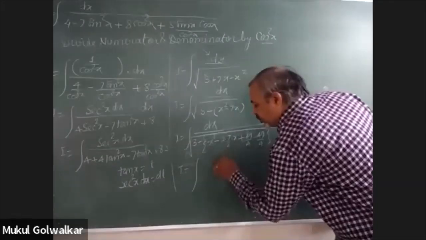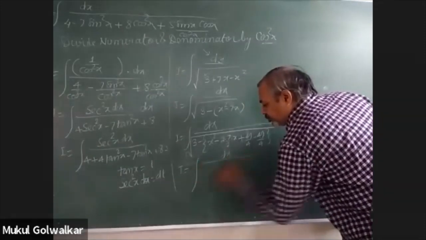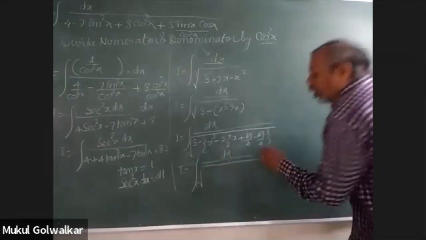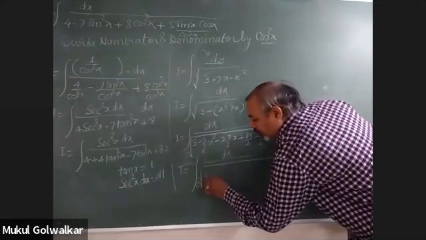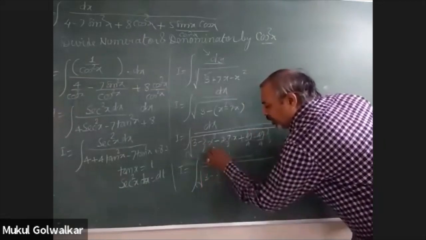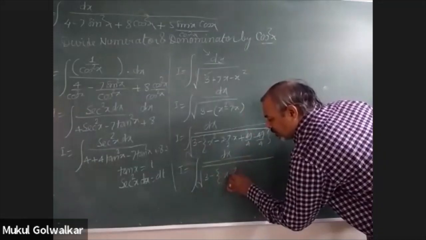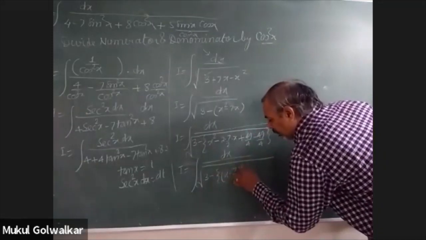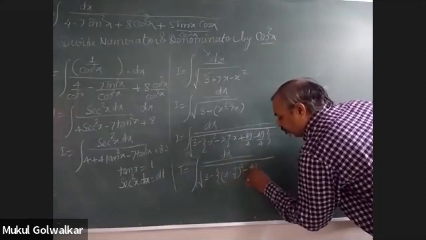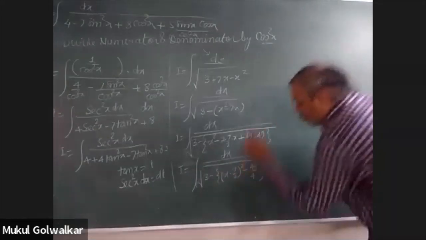So I is equal to dx divided by under root of 3 minus, and within this curly bracket I am writing a minus b whole square, that means x minus 7 by 2 whole square minus 49 by 4. Bracket close.